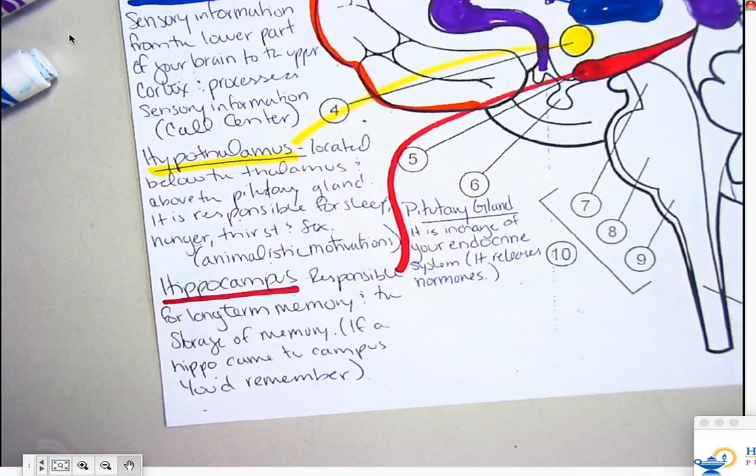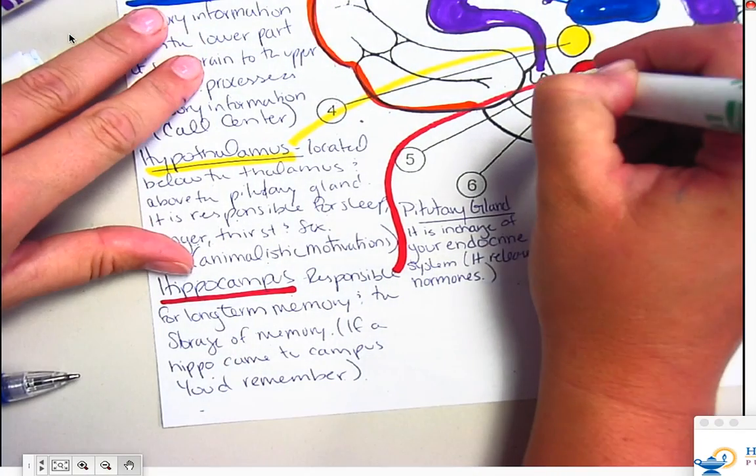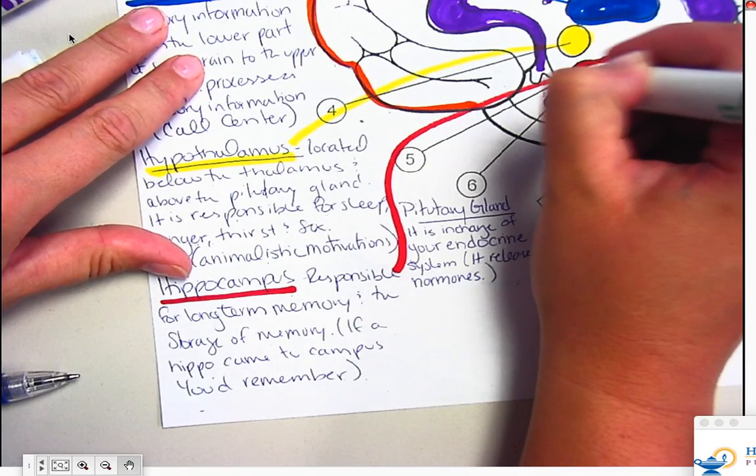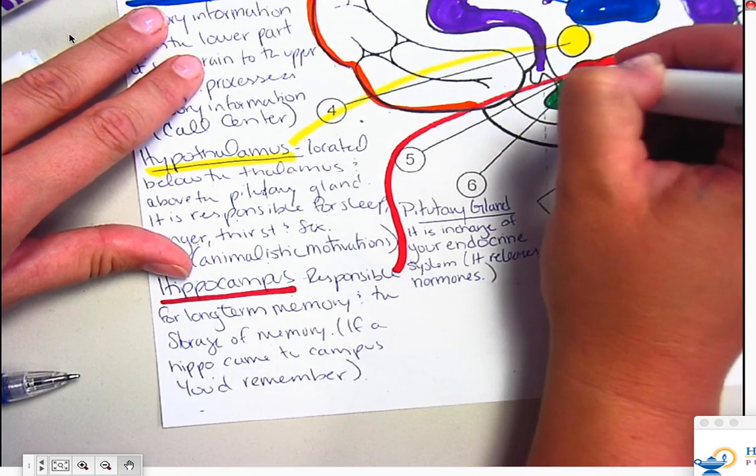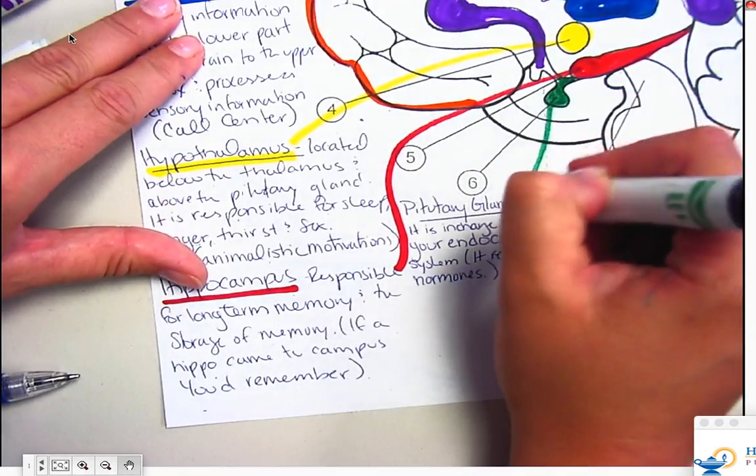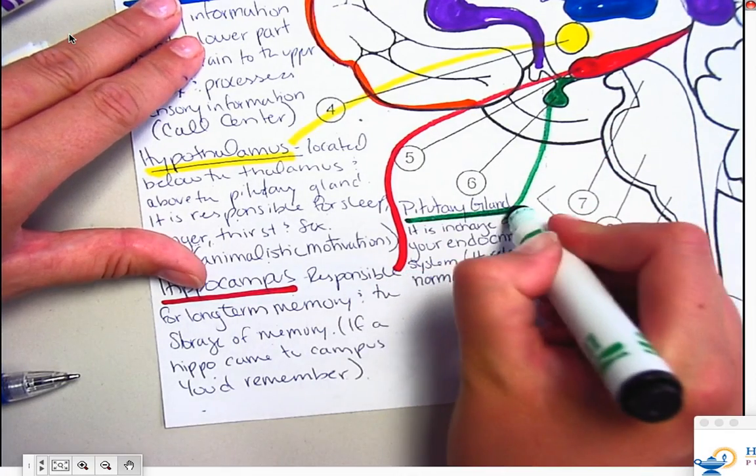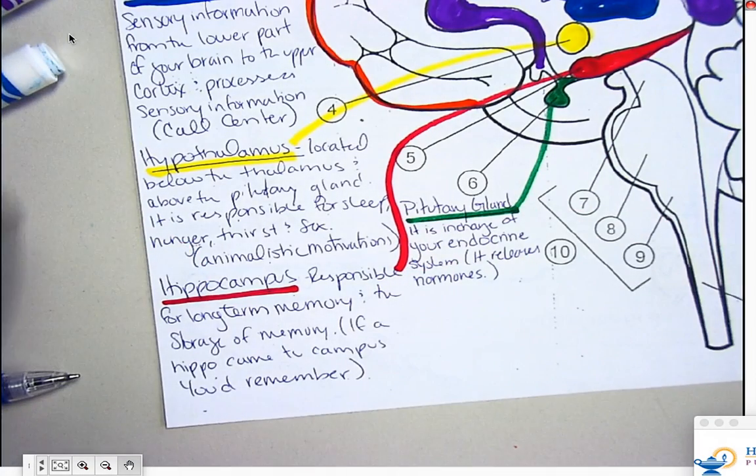It looks like a little pea in your brain, very, very small. And for me, it's green. Your endocrine system is in charge of all your hormones, so it is in charge of development, all that stuff.